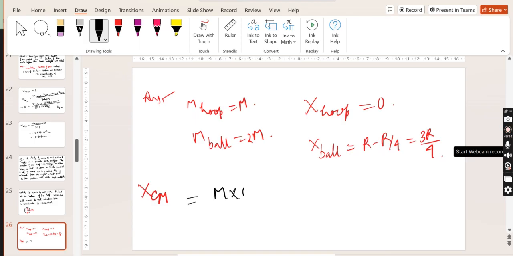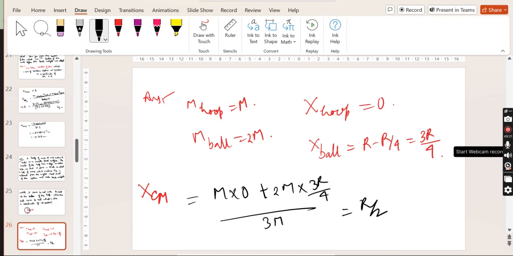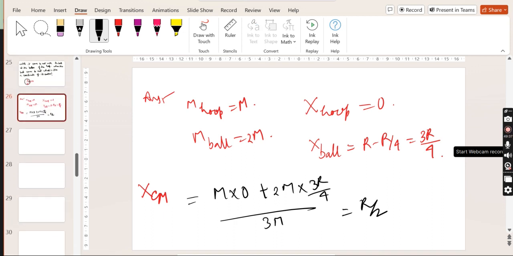So that will be m into 0 plus 2m into 3r by 4, divided by 3m. And that will be r by 2. So the whole system would have moved r by 2, in the x direction.